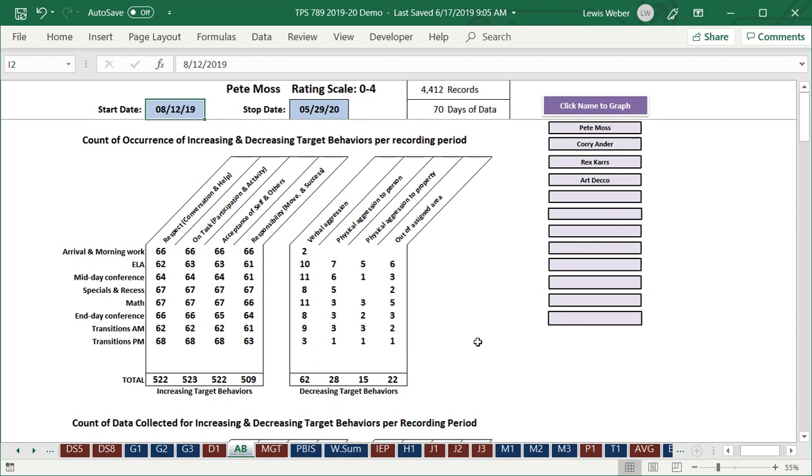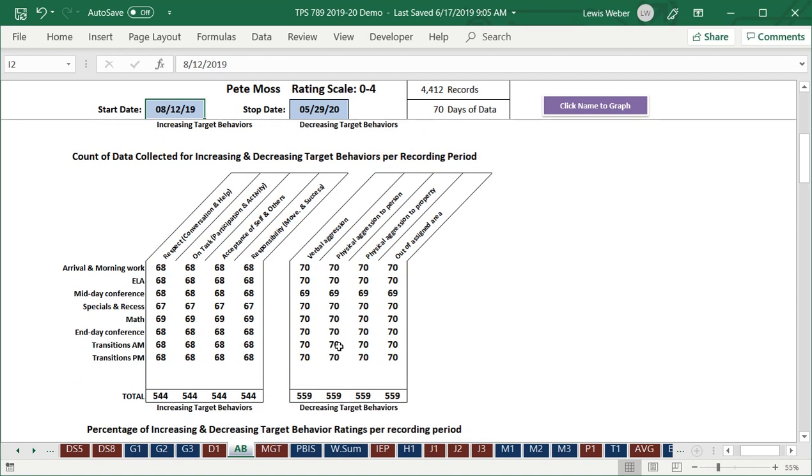The more important measure is over here. We want to see zeros, and it tells us where, in this case, Pete is having some challenges with verbal aggression during ELA, as well as having some problems during his midday conference. And math is a challenge. Okay, and this tells us just a total on the bottom.